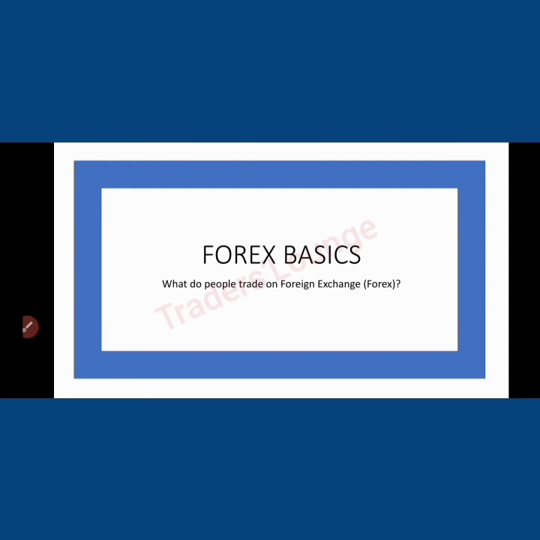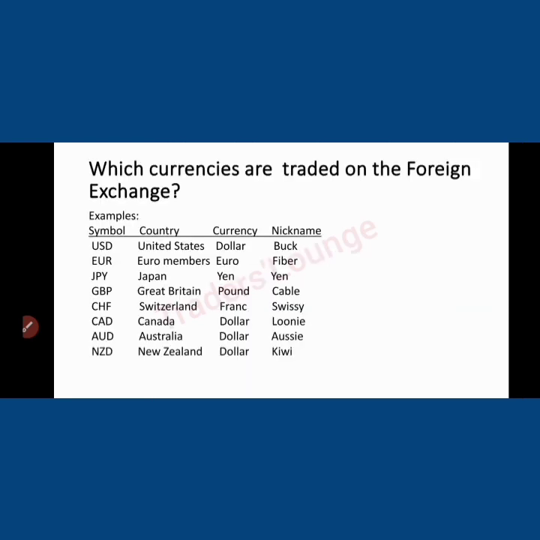And aside from that, the next question is, which currencies are traded on the foreign exchange? As you can see, I've highlighted the major currencies that are traded, which can be paired with another currency. So I put the symbols, the country, the currency, the nickname of the currency as well.